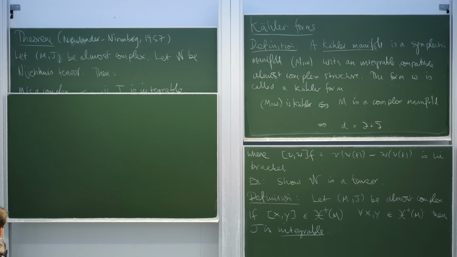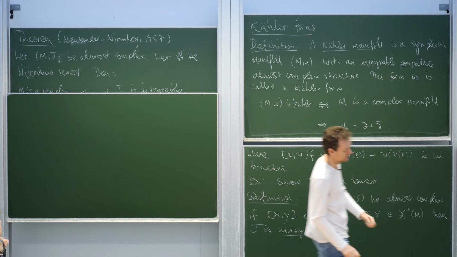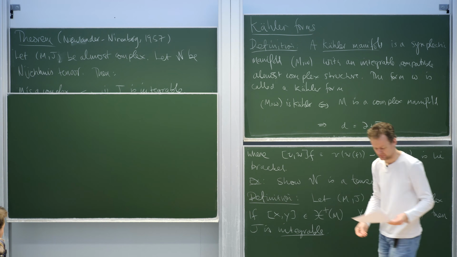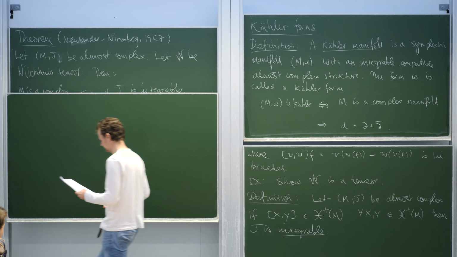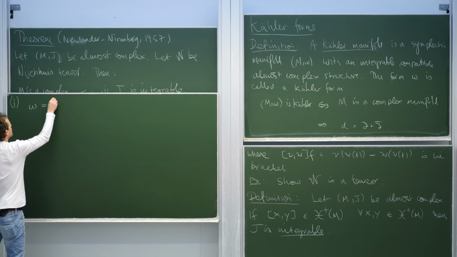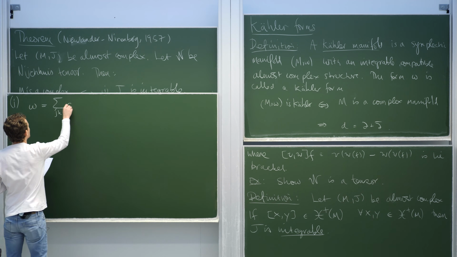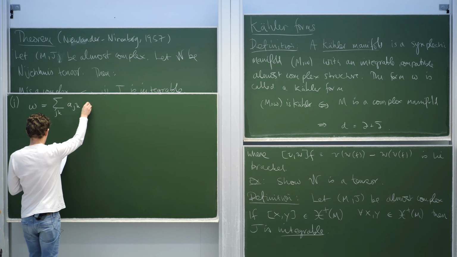So what I'm going to do is track down all the consequences of these adjectives now on omega. Step by step, just impose adjective after adjective. Using the fact that our manifold is a complex manifold, we can always write the symplectic 2 form in a local chart like so.